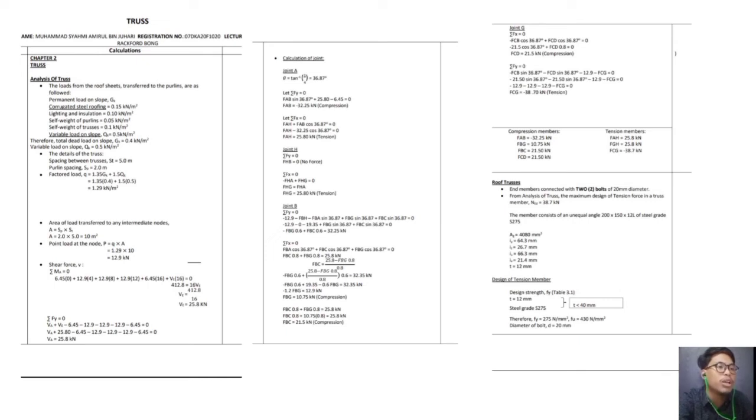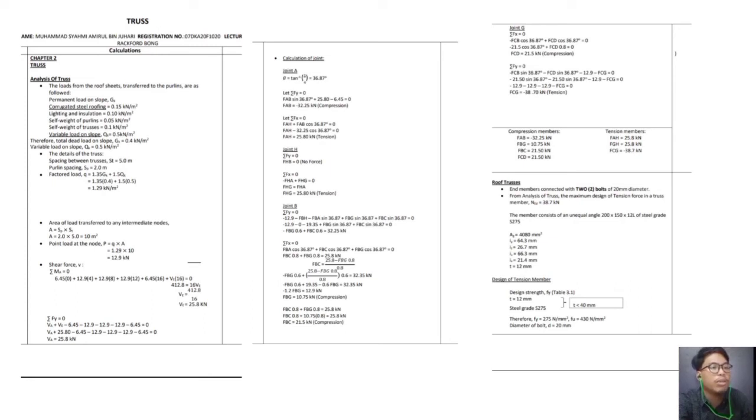The member consists of an unequal angle 200 times 150 times 12 of steel grade S275, with A equal to 4080 square millimeters, iy 64.3 mm, iz 26.7 mm, iu 66.3 mm, iv equal 21.4 mm, t 12 mm.